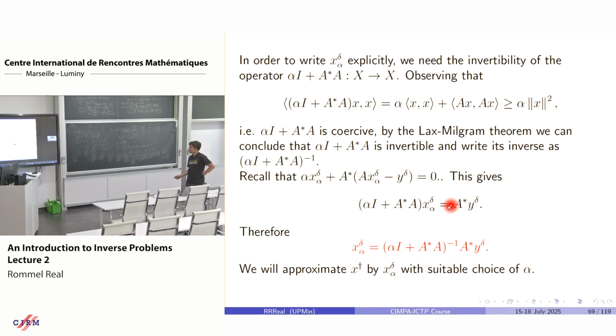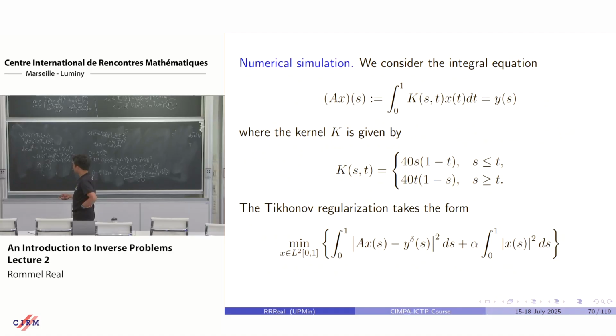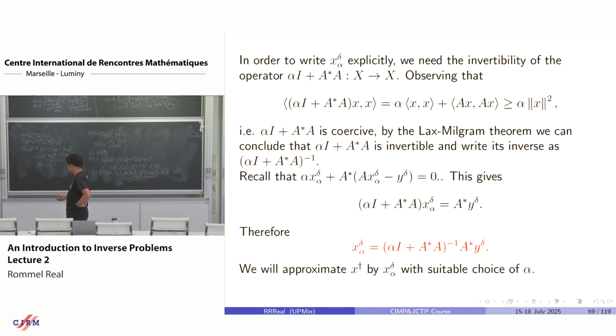So therefore, we have this using the first order optimality criterion from the previous lemma. We can write it in this way, and using the inverse of this one, we can solve explicitly for x sub alpha delta, which is a regularized solution. But this is true as long as you know that you have invertibility here.